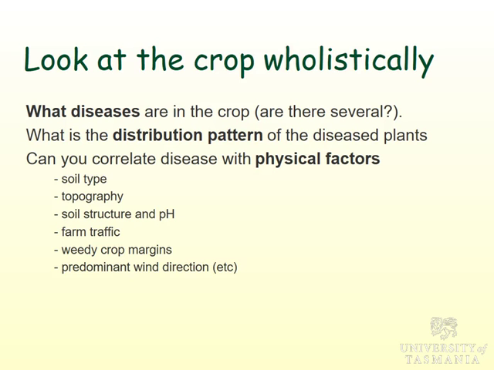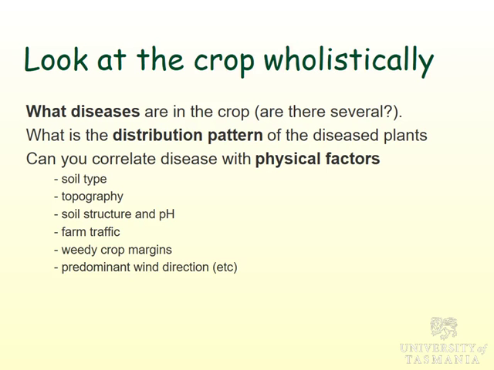You're doing the whodunit, but it's not just the pathogen. You want to find out what is the situation that led to this problem. Are there distribution patterns? Maybe it's clumped, maybe it's random, maybe it's around the edge of the field. All of those can indicate the type of disease you're dealing with, but also the source of it.